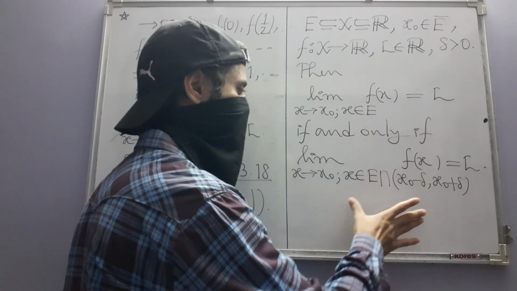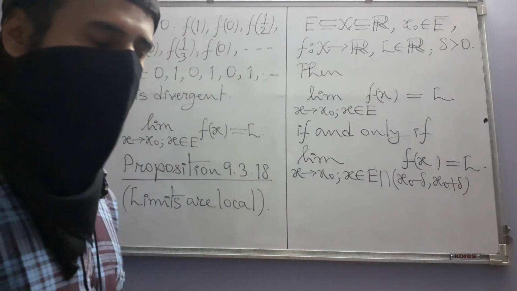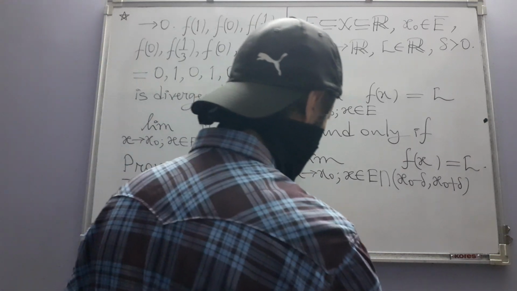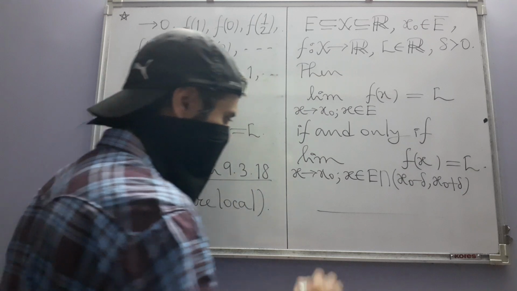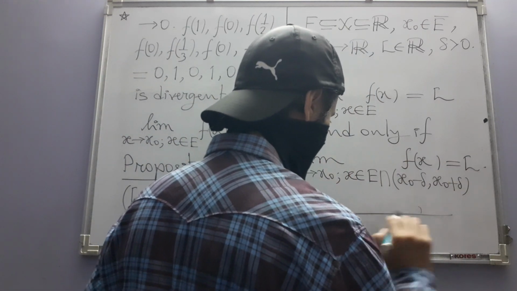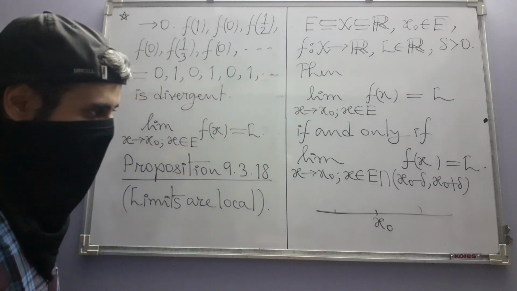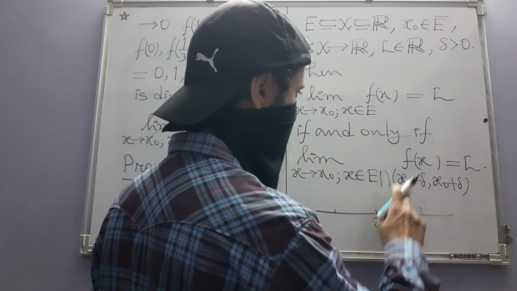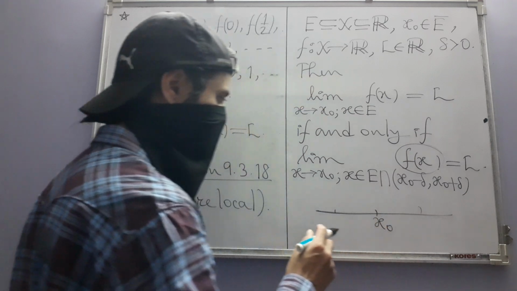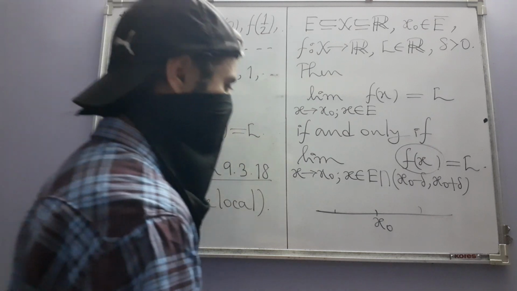And this implication, that is going from this limit to this limit, is what will be useful for us. That's because you can imagine roughly, suppose this is your real line and you have E somewhere, and say this is your x naught. So you want to know what happens to the functional values as your x is close to x naught in a specific sense which we already know.